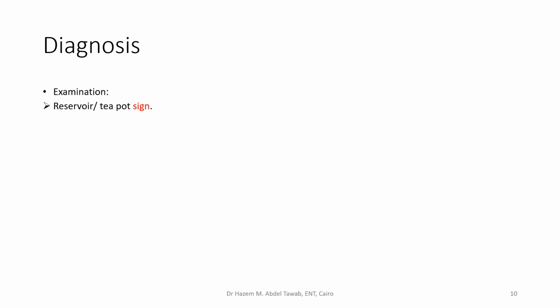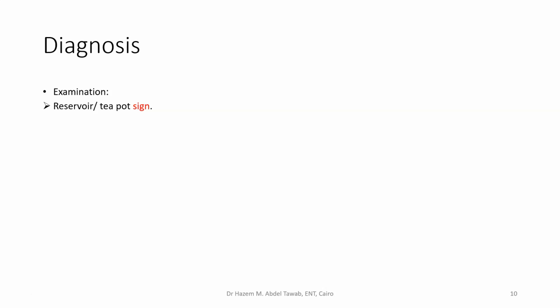He will tell you that if he leans forward like a teapot, the fluid comes. He leans forward and then the fluid comes. As long as he is staying in the normal position, nothing is happening. But if he leans forward like a teapot, you will see that fluid coming from the nose.